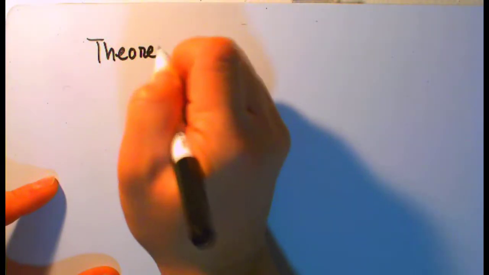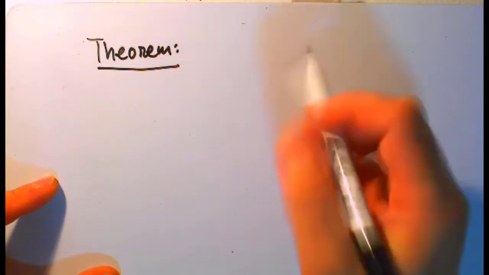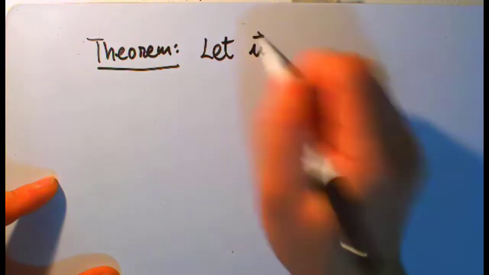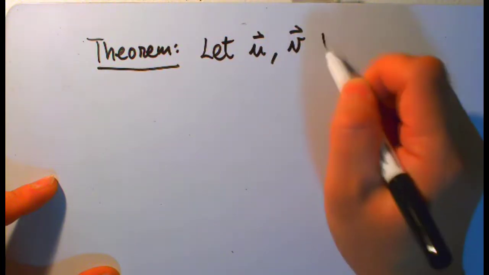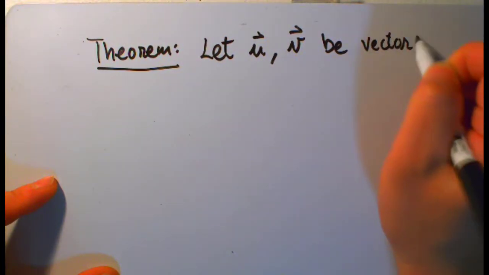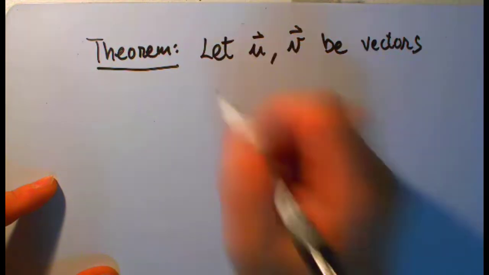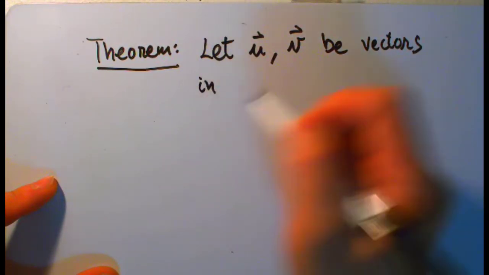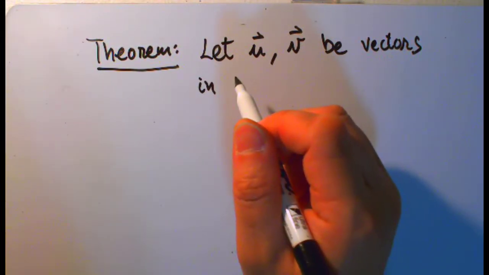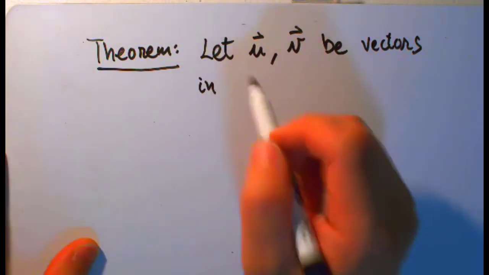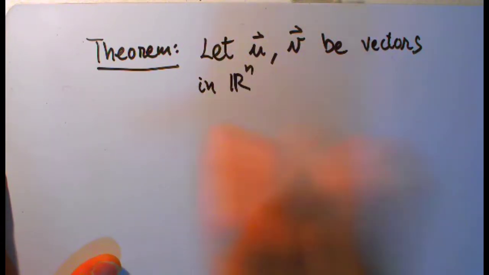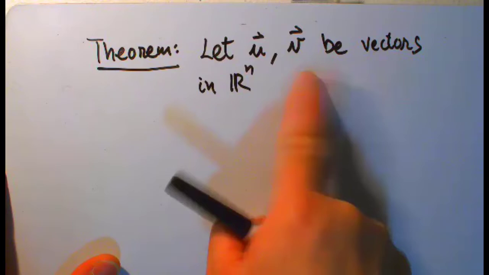Let u and v be vectors. This theorem is meant for vectors in Rn in general. It's not only in R2, not only in R3. It works in Rn. So let u and v be vectors in Rn.